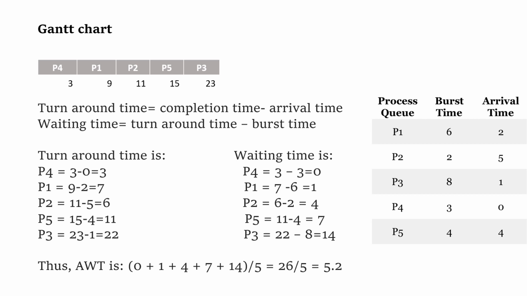For P4, it is turnaround time minus the burst time. Since for P4 the turnaround time is 3 and burst time is 3, we get the answer 0. Likewise, if we calculate for all the processes, we get the waiting time for all of them, and from that the average waiting time is calculated as 5.2.